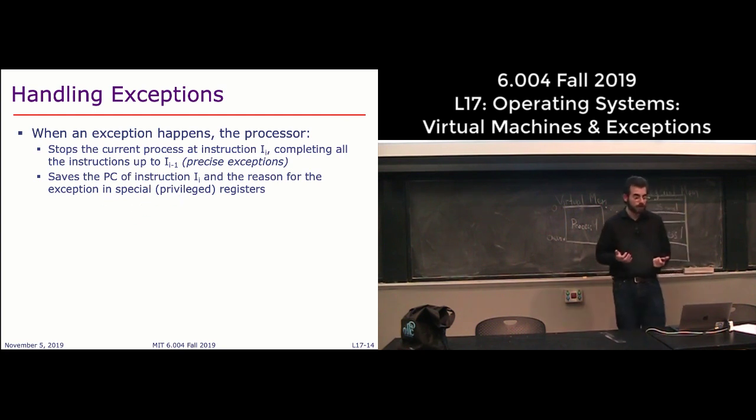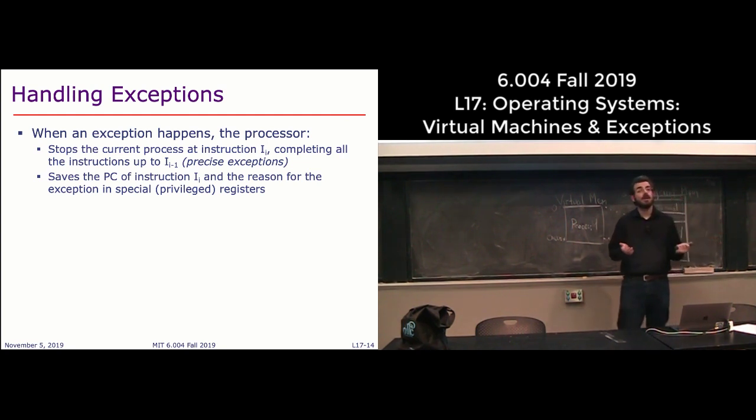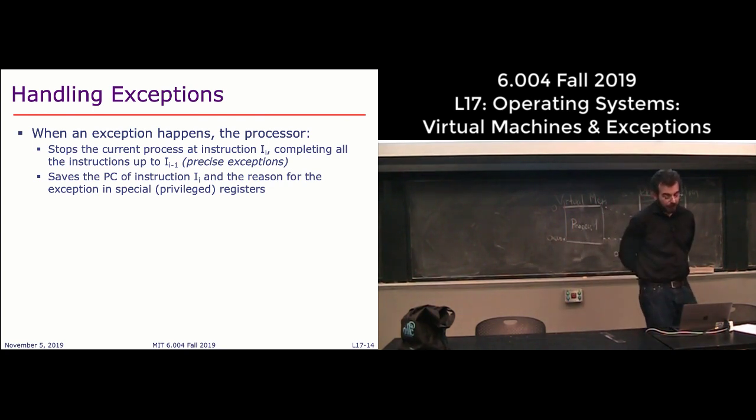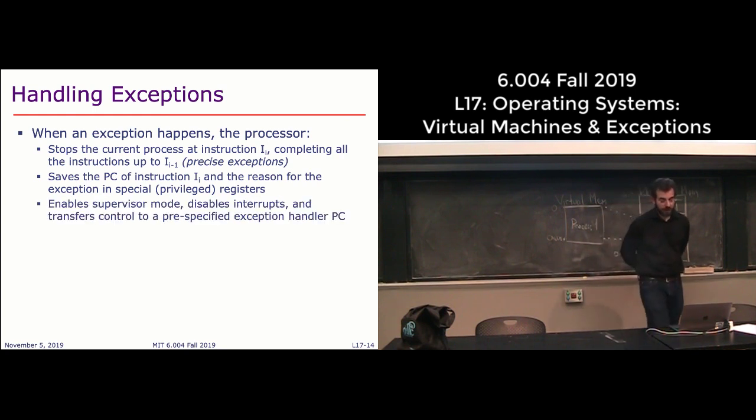We're also going to save some other information that tells us why this exception happened. Was it an illegal instruction? Was it an illegal memory access? Was it some other thing? Those we save in registers that are privileged, that the process does not have access to. And finally, in one shot, atomically, the processor is going to do the following.